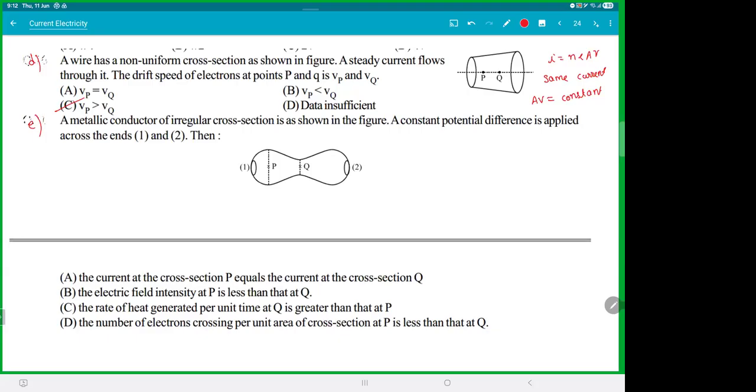Others try. Anyone else? We have one answer from Utsa.